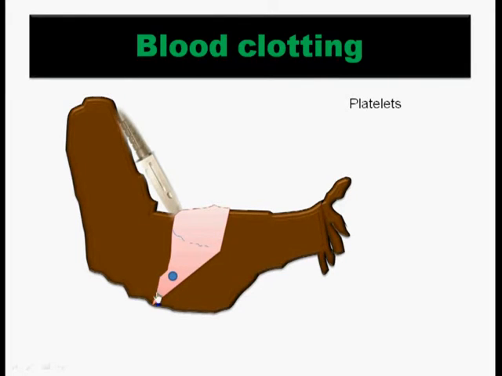So here we have a cut. Now what happens? The platelets are there. This orange triangle is called the thromboplastin. So the platelets release what we call the thromboplastin. Now what happens after that?